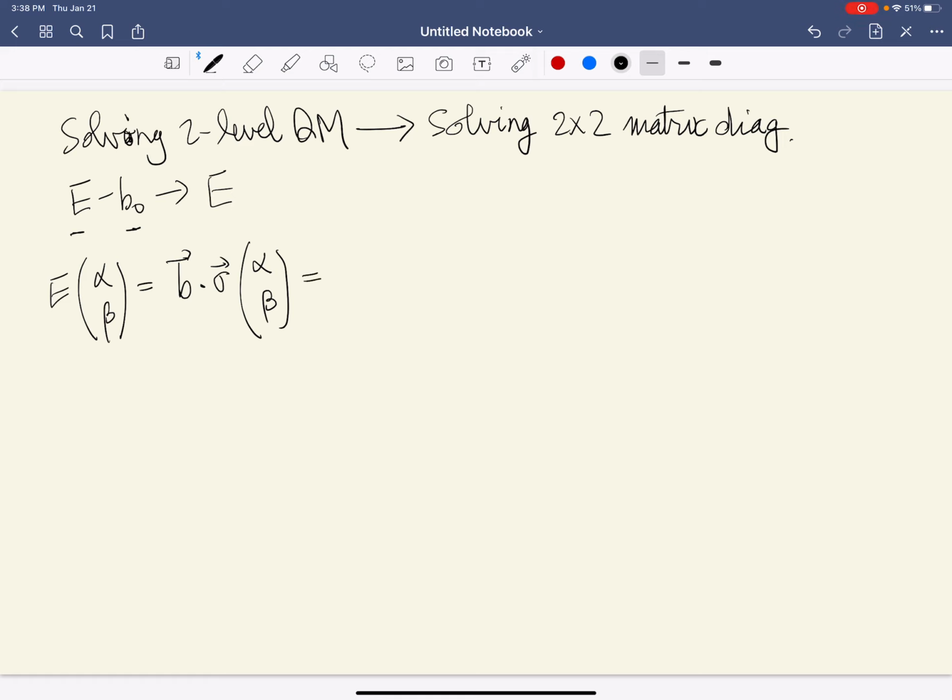Well, this b dot sigma, if you just write it out explicitly, is going to be this. Okay. Well, probably you have enough recollection left from your classes in linear algebra to recall the process by which you solve such a problem.